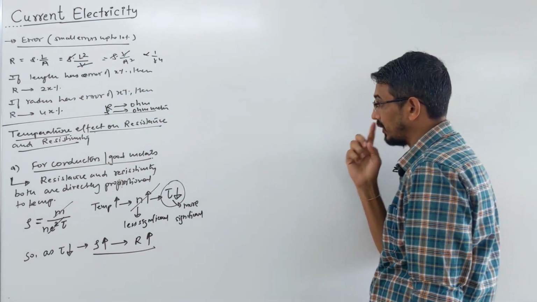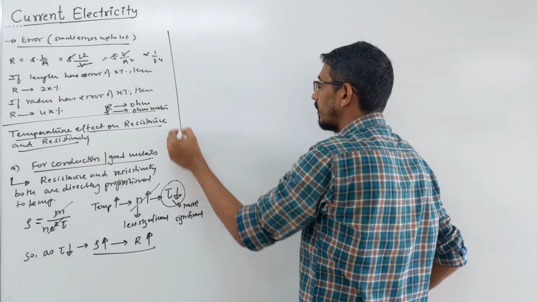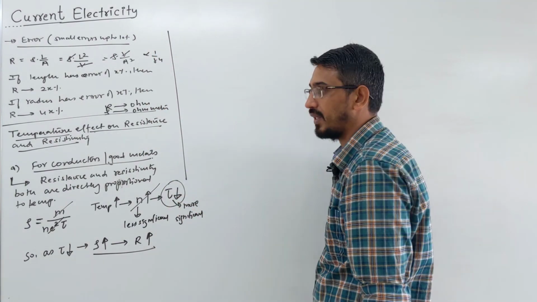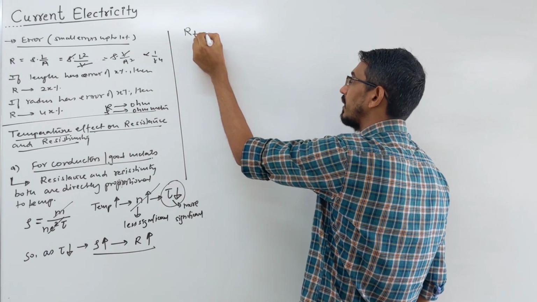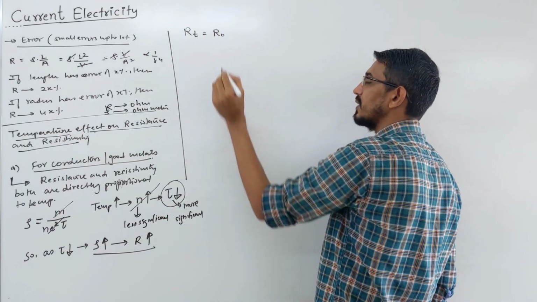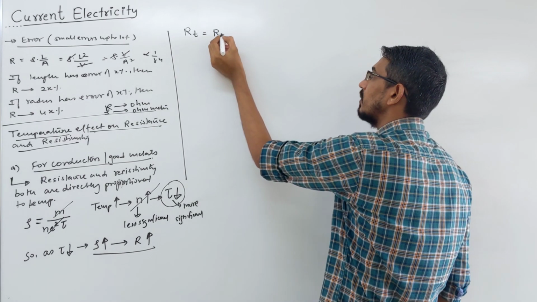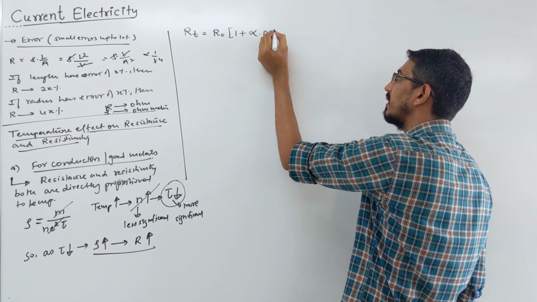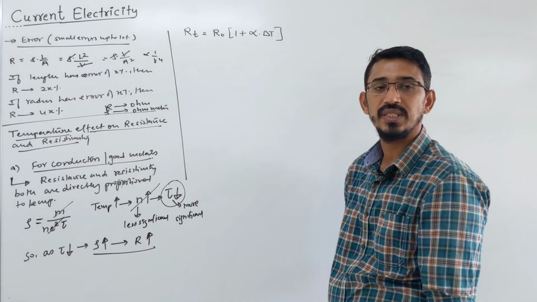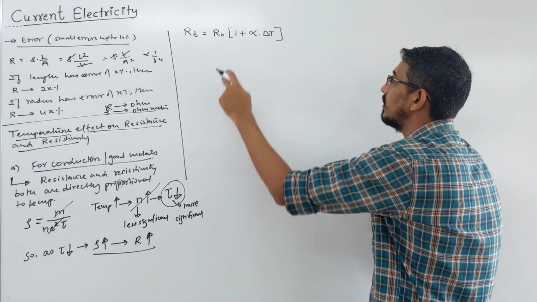Suppose you want to write this as a formula, how can you write it? Resistance at any temperature, RT, is equal to the initial resistance R naught times 1 plus alpha into del T. This is the resistance formula. Let me explain.